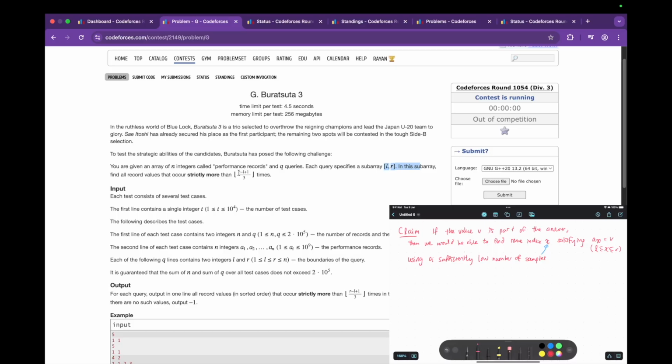Okay, so with that in mind, how would we be able to solve this problem? This is actually a hint to solve this problem using a randomized algorithm. This randomized algorithm would work as follows.